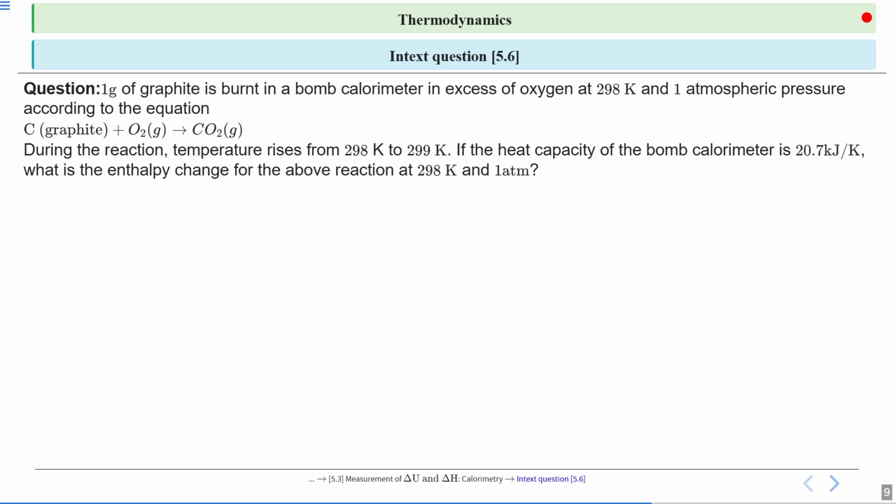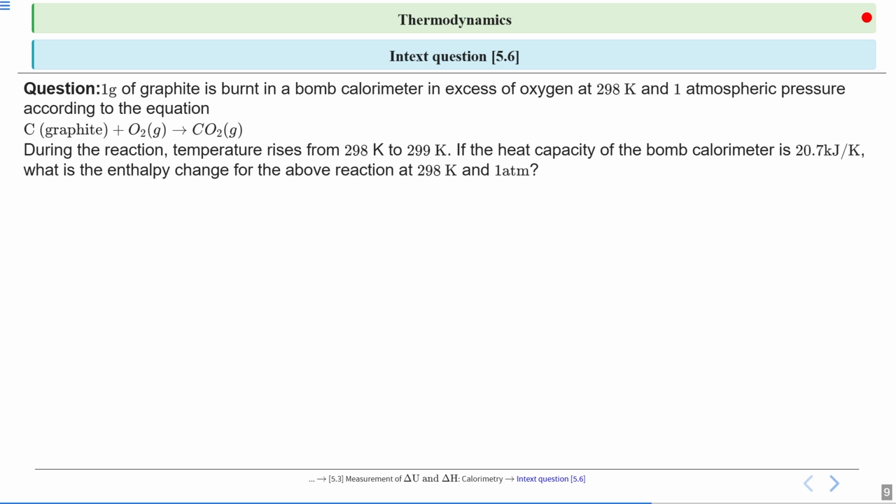In this reaction, the temperature change is observed from 298 Kelvin to 299 Kelvin. The heat capacity of the bomb calorimeter is given as 20.7 kilojoule per Kelvin. Then what you have to calculate is the enthalpy change for the combustion of graphite at 298 Kelvin and 1 atm pressure. How will you do it?